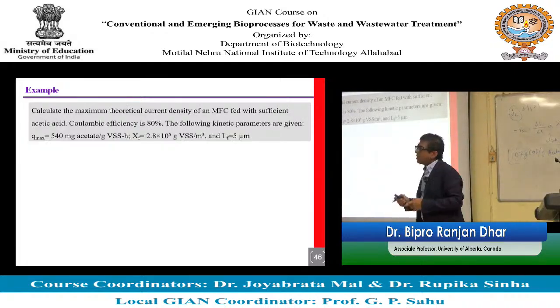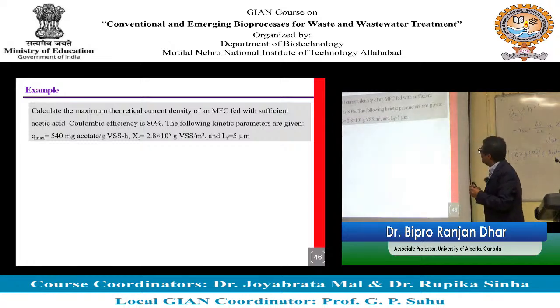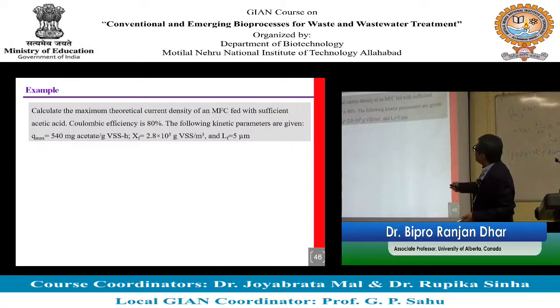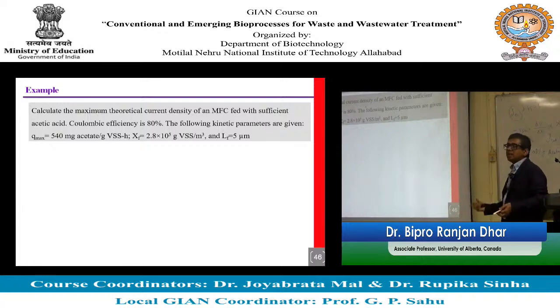So the second problem, and that's the last slide for me. Calculate the maximum theoretical current density for a MAC fed with sufficient acetic acid. Again, acetic acid means 1.07 gram COD per gram of acetate, and Coulombic efficiency is 80%. So my Fe naught is 0.8 in this equation.